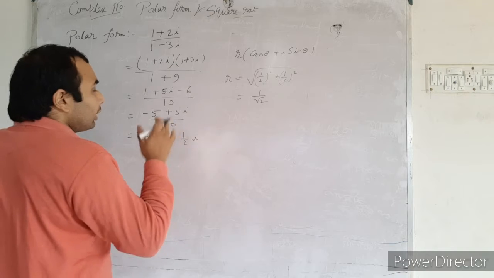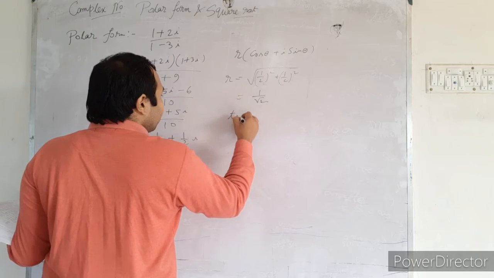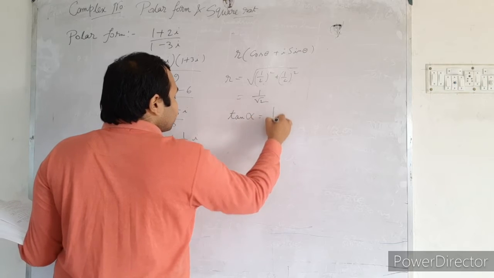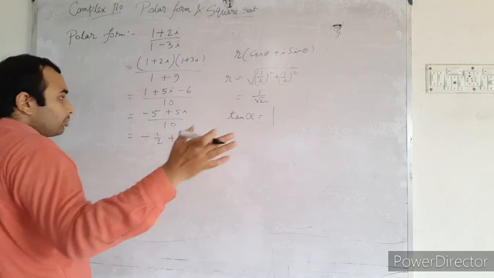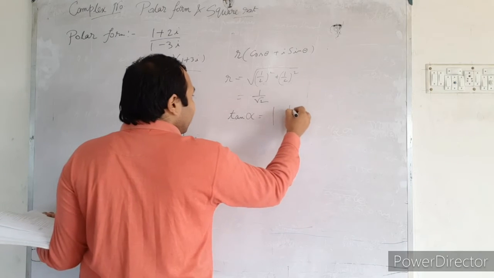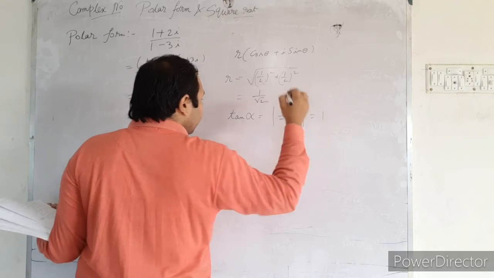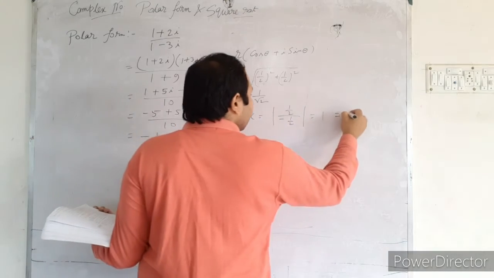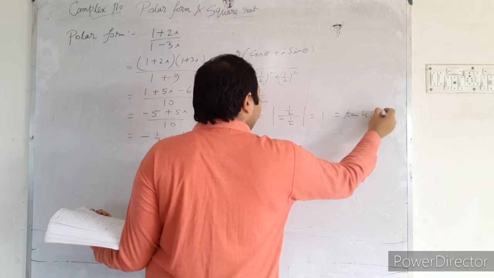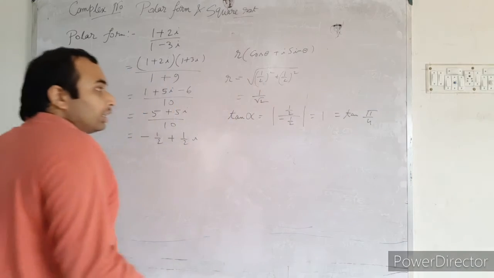Now tan alpha equals y by x, that is the imaginary part by the real part. So it is half by minus half, so it is coming 1. So 1 means it is tan 45 degrees, or you can say pi by 4. I have told you that you have to convert into radians.